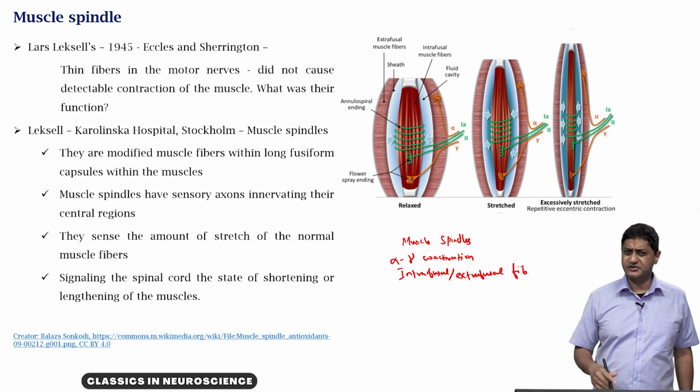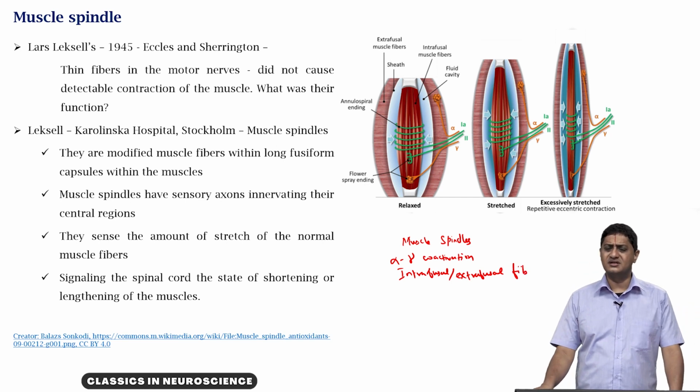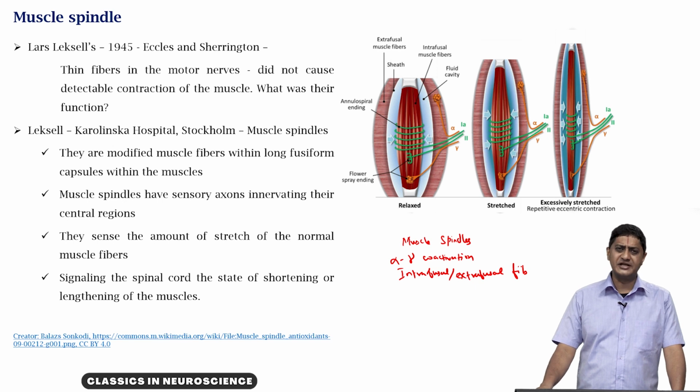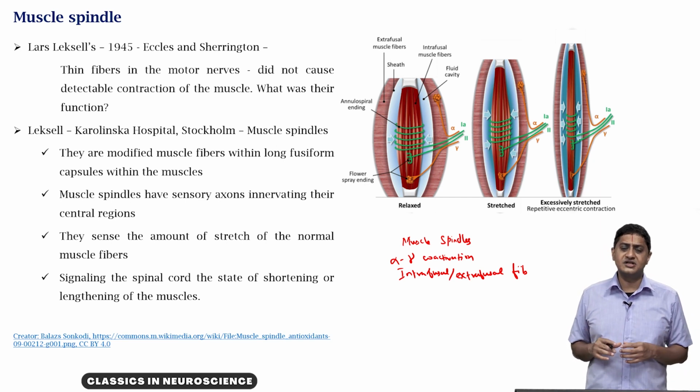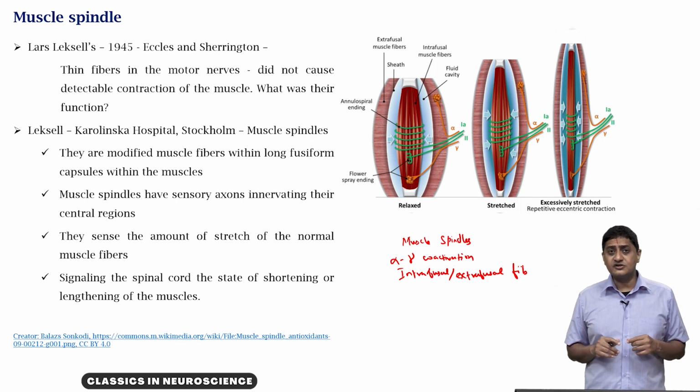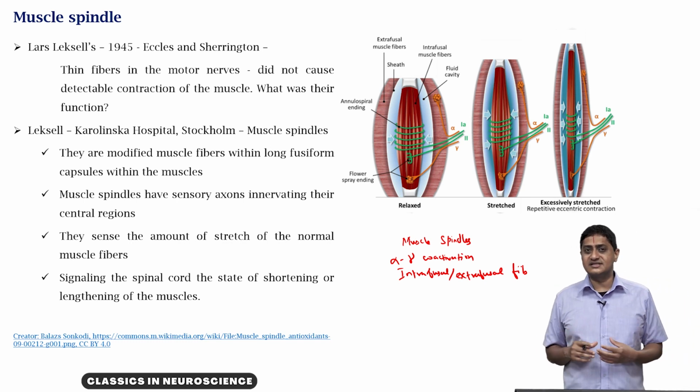For these two or three videos, my TA will share the YouTube links with you, both in the forums, and they will also be available in the description of this video. So, I request you to please do watch them to understand the neurophysiology behind muscle spindle function in depth. Here I will focus on the work that revealed this function.